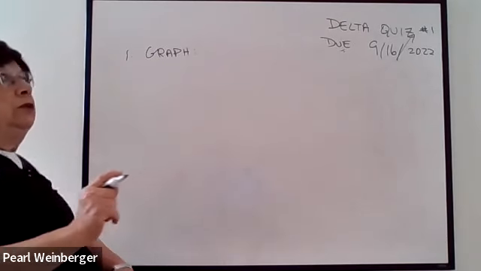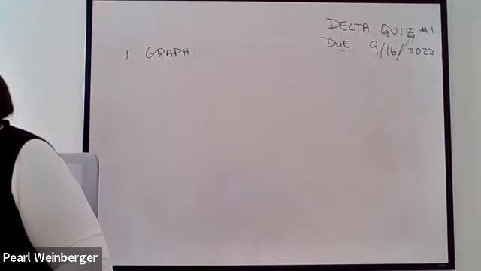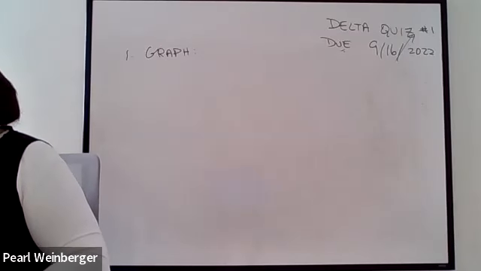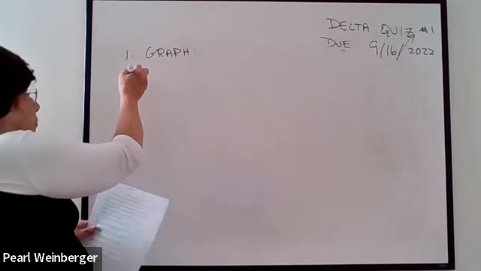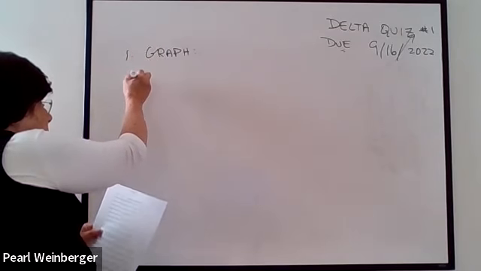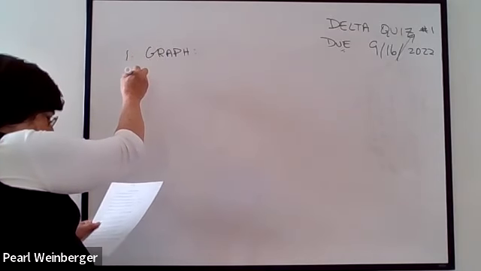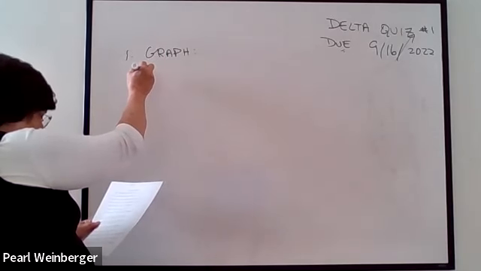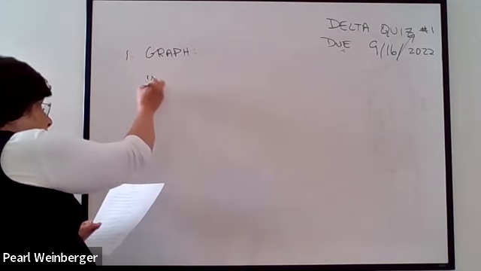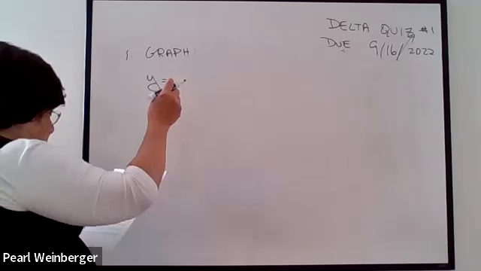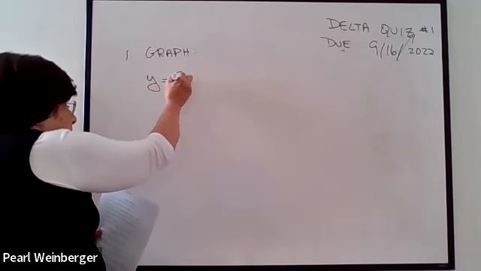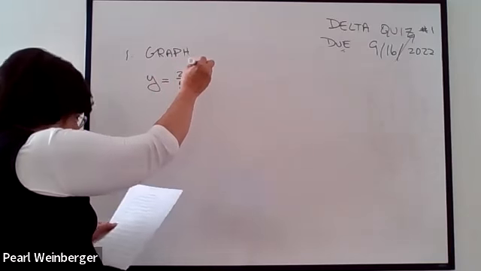I'm going to go back to the two lines that we had drawn before. See if I'll remember them. I think the first one we did was y equals, somebody help me with this, y equals 2/5 x plus 4, was that what it was?